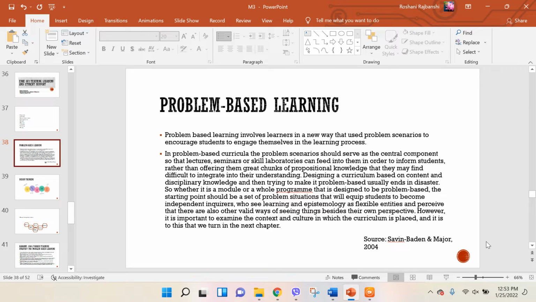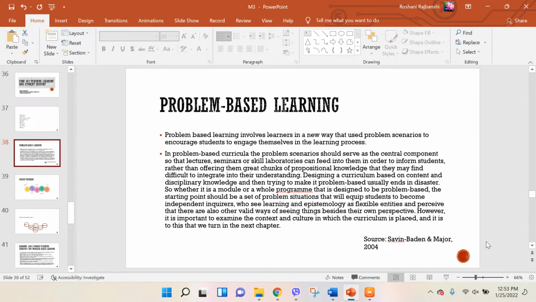In problem-based curricula, the problem scenario should serve as a central component so that the lectures, seminars, or skill laboratories can fit into it in order to inform students, rather than offering them great chunks of propositional knowledge that they may find difficult to integrate into their understanding.